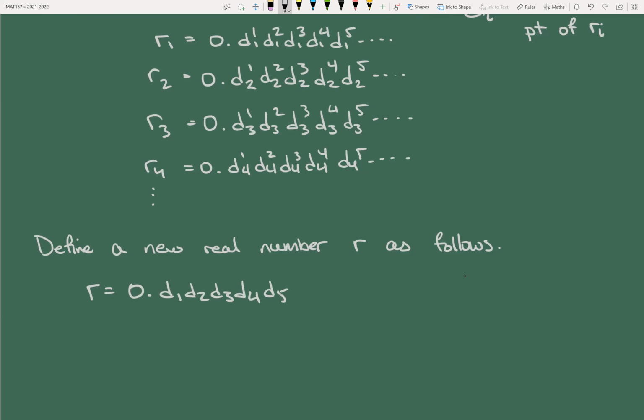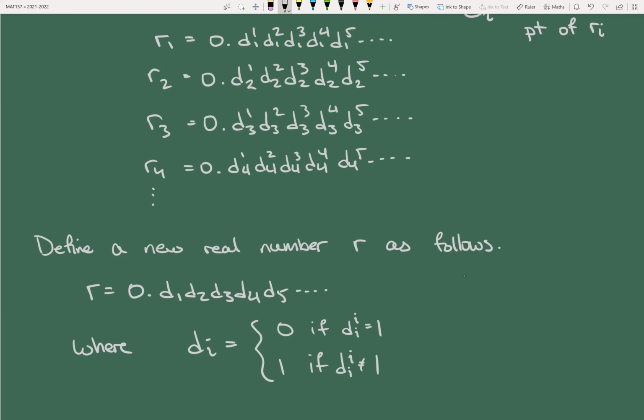D sub i is equal to, let's say, 0 if D sub ii is equal to 1, and 1 if D sub ii is not equal to 1.